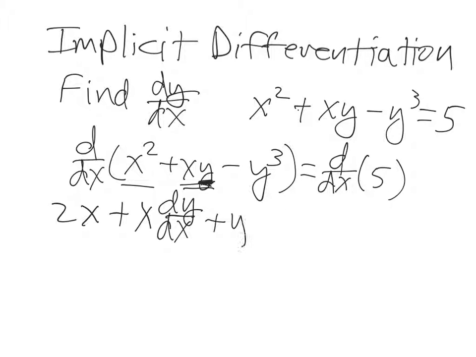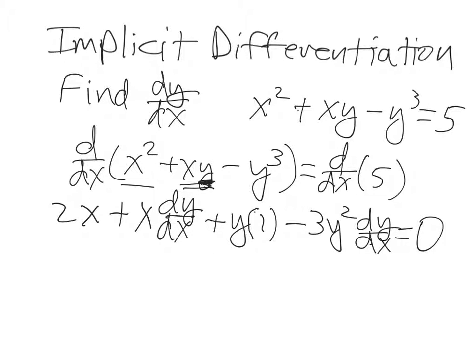Then finish out the product rule: the second times the derivative of the first. Well, derivative of x with respect to x is just 1. And then minus the derivative of y cubed, 3y squared times the dy by dx. Very good. And then the derivative of 5.